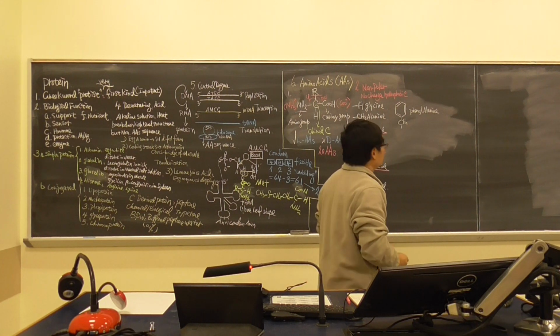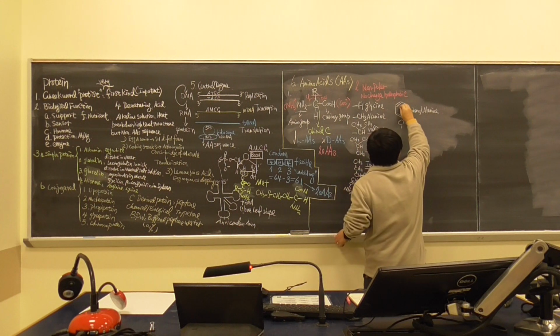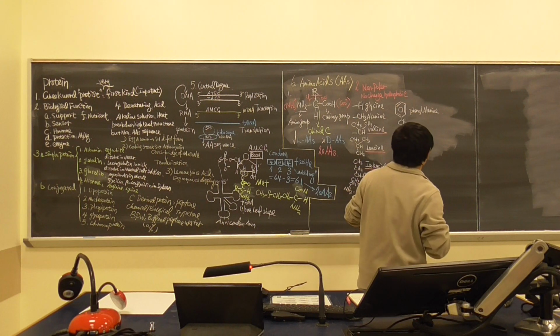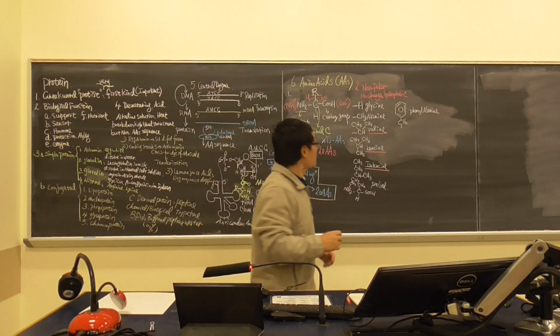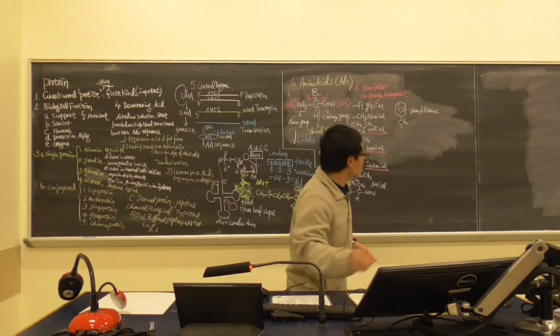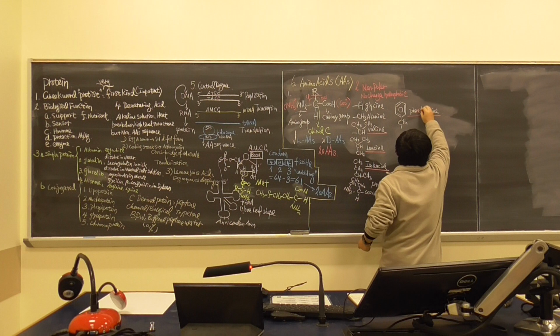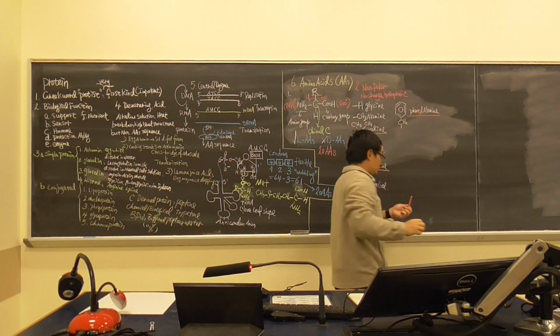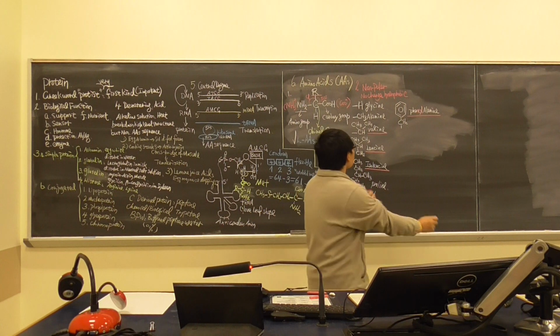We add a phenyl group to alanine. Okay. Sometimes we just draw a circle there. So phenylalanine. Phenylalanine is also an essential amino acid. Next one is a little bit difficult.